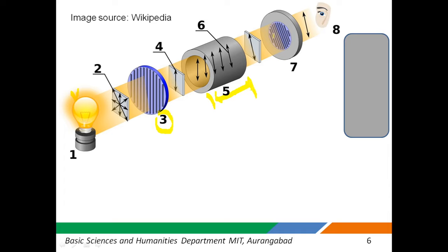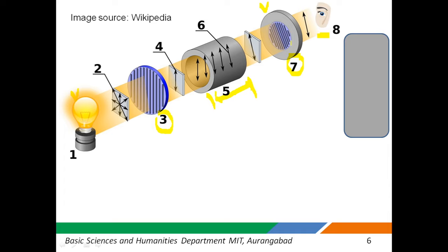When the light falls on this analyzer, number 7, the observer is observing the light intensity. So when he wishes to see the correct position of light, he needs to rotate the analyzer and he will be able to note the reading.